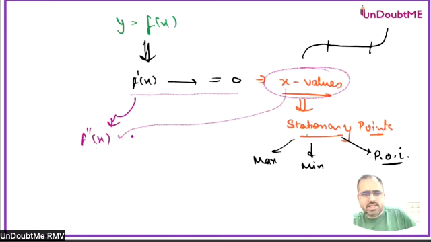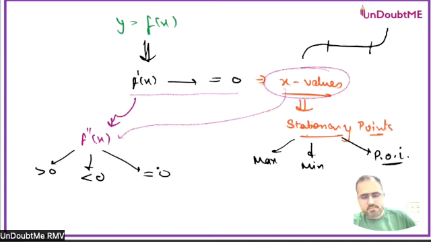It's just a function in which you are substituting x. After substituting x and solving, you get a certain value. That value can be positive, negative, or 0. For a given x value, if f double dash x is positive, then that x value is a point of minimum. Only the x coordinate of the minimum.